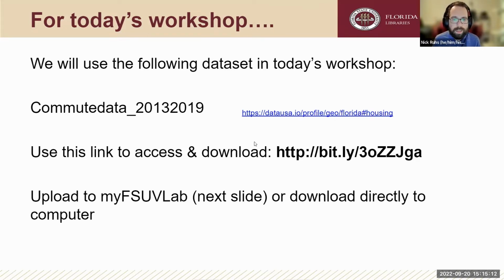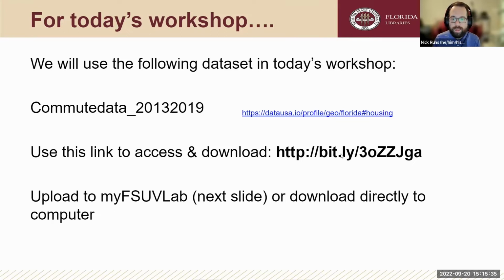It's this data set right here from datausa.io. It talks about the different commute times in a few different southern states: Florida, Georgia, and Alabama. It's a sample of actual data I'm using for this workshop.